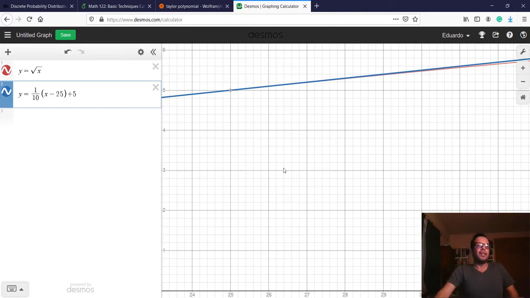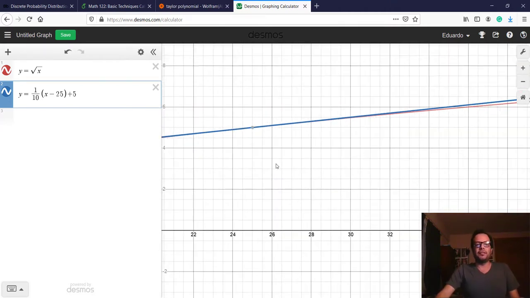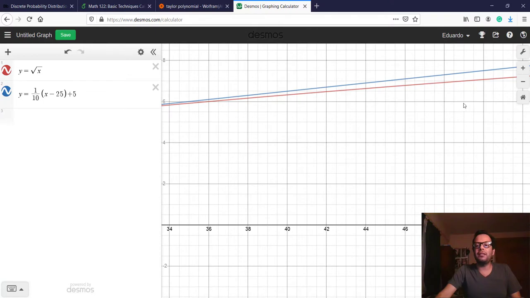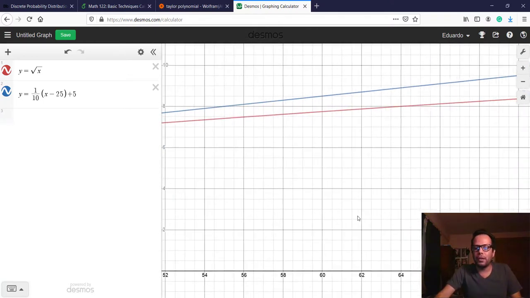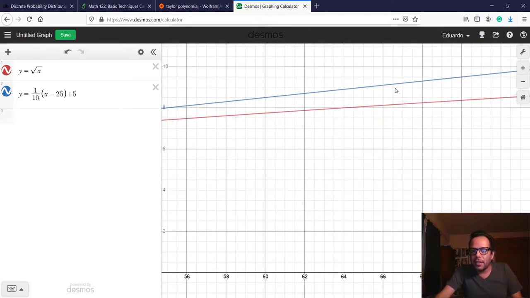So let's ask ourselves a couple of questions. Number one, can we use this same approximation to estimate, for example, the square root of, I don't know, 66.7? Okay, let me scroll to 66.7. Okay, let's suppose this is 66.7.